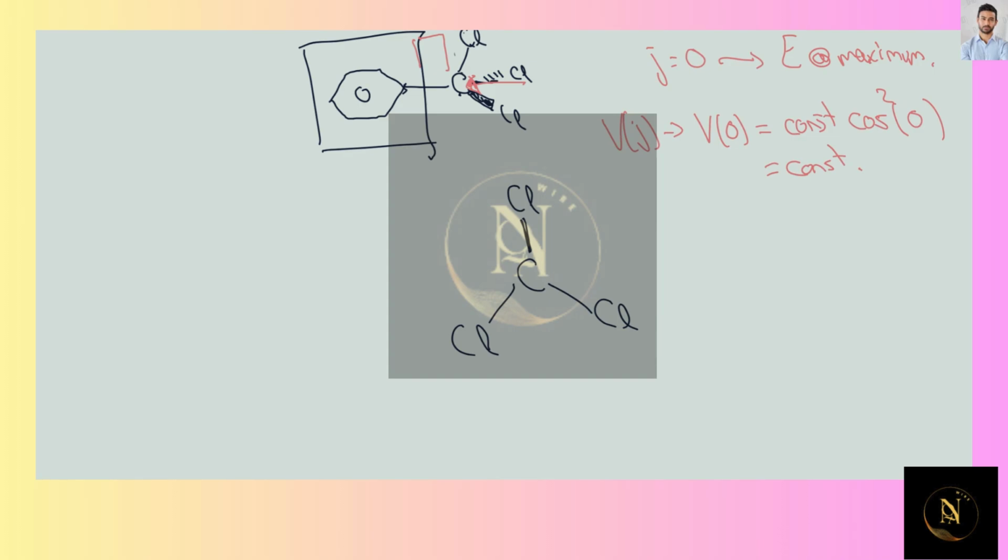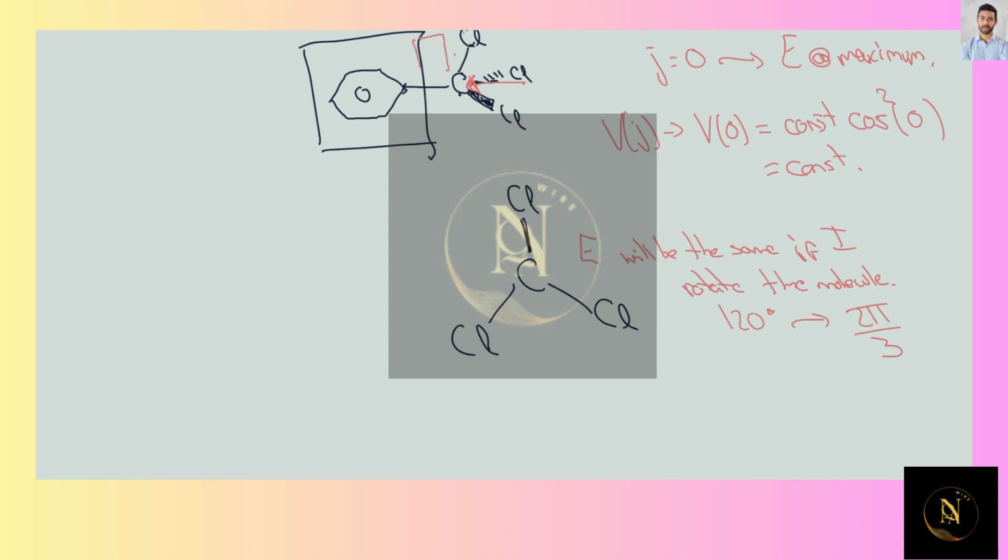So essentially what we have is that the energy will be the same if I rotate the molecule 120 degrees. Remember that 120 degrees is equal to 2 pi divided by 3. Okay, so our function needs to satisfy this condition.